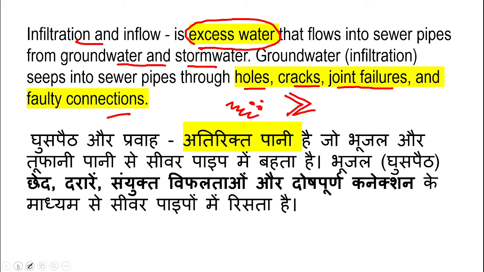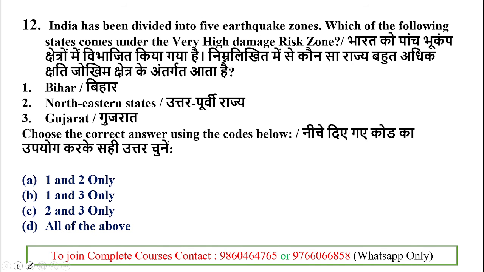Okay, then the next question: India has been divided into 5 earthquake zones. We discussed the 5 seismic zones, and which of the following states come under the very high damage risk zone?